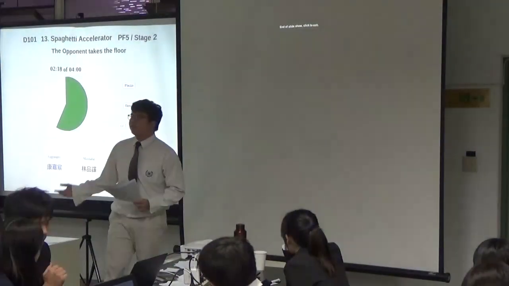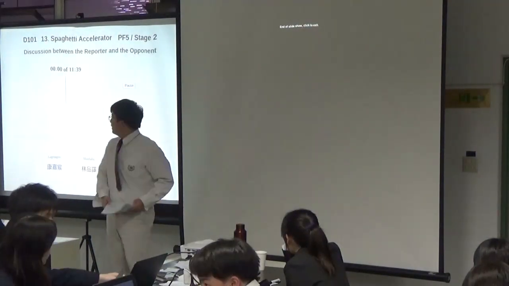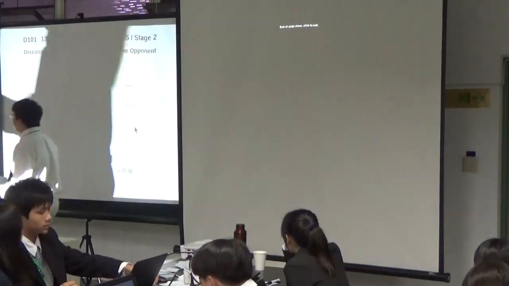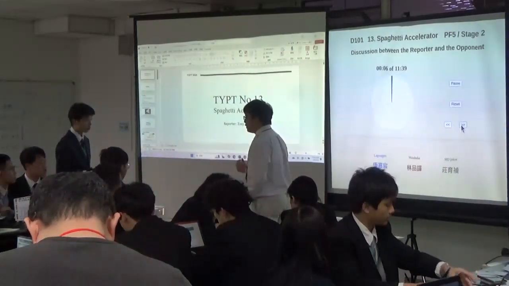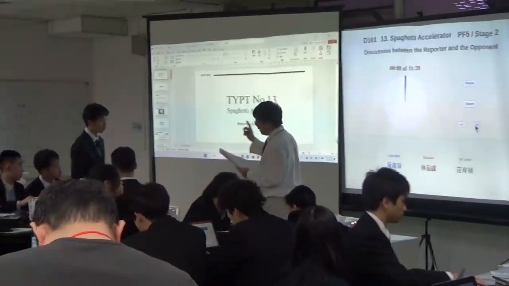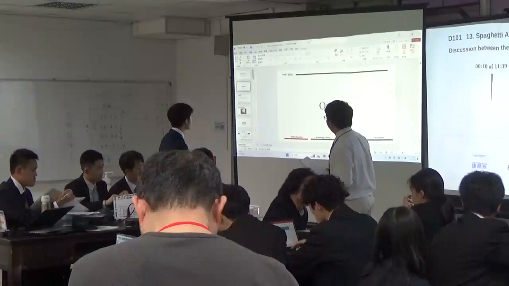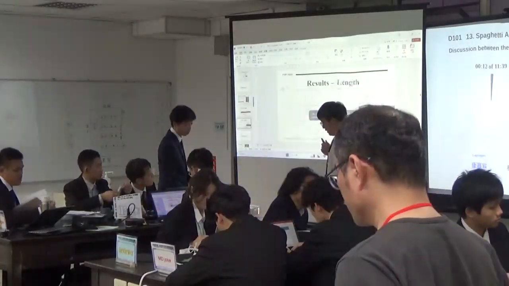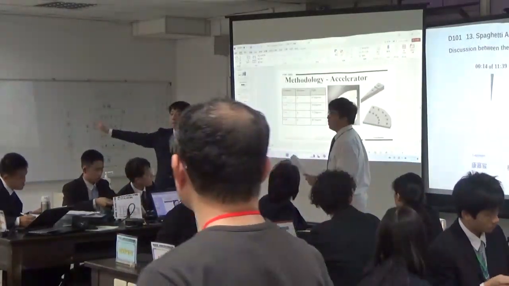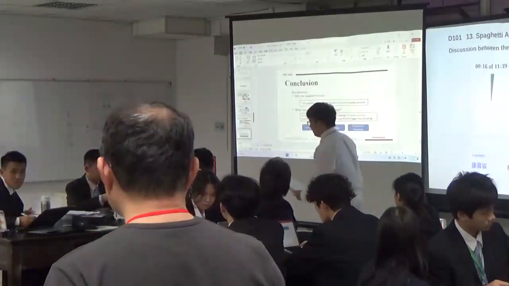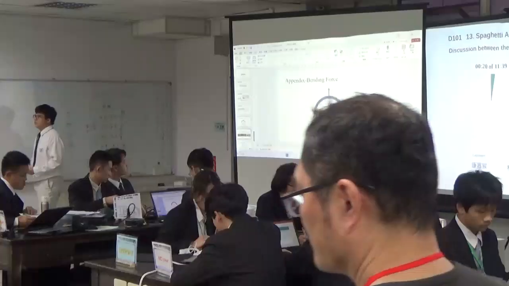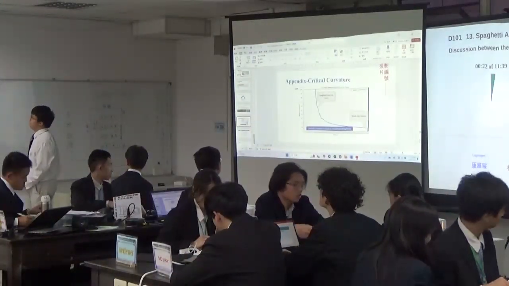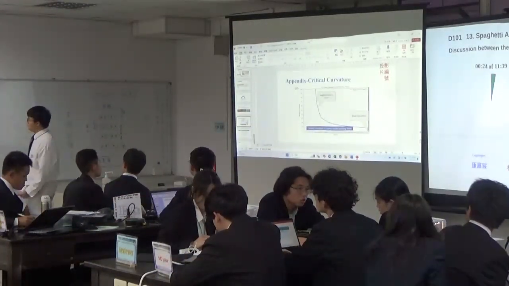Okay, so I think you can jump to the next stage. First, I want to ask you about the curvature in your theory. I think you assume the curvature as the curvature of the spaghetti. And so, as you can see in our accelerator, this is a track, or what do we say, the tube.